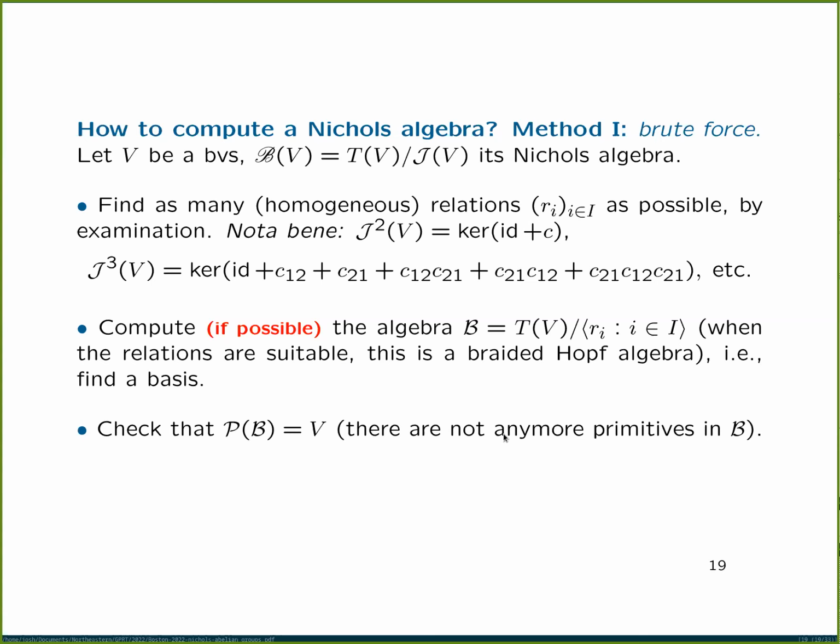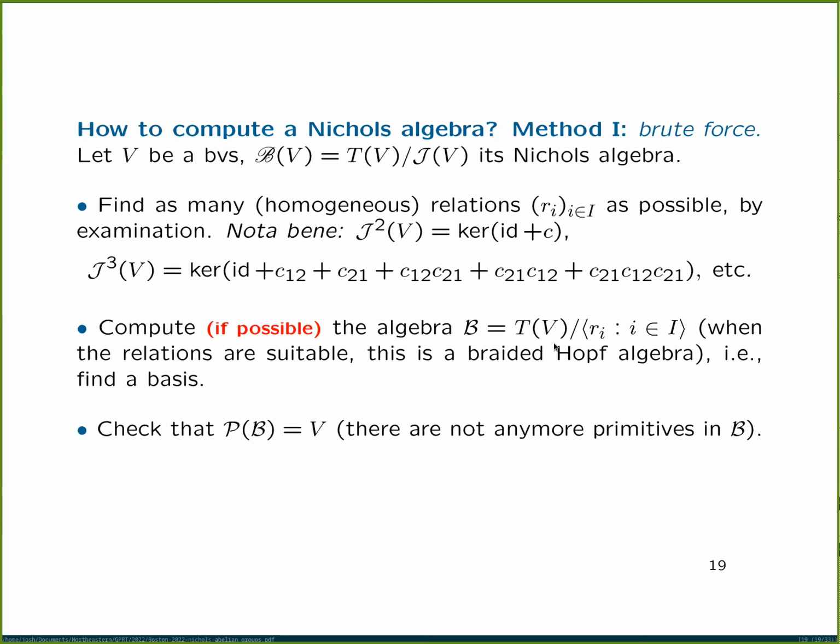For this, I try to find as many homogeneous relations as possible by examination or lifting up or whatever means. And then I look at the algebra generated by V with these relations that I found by some method.